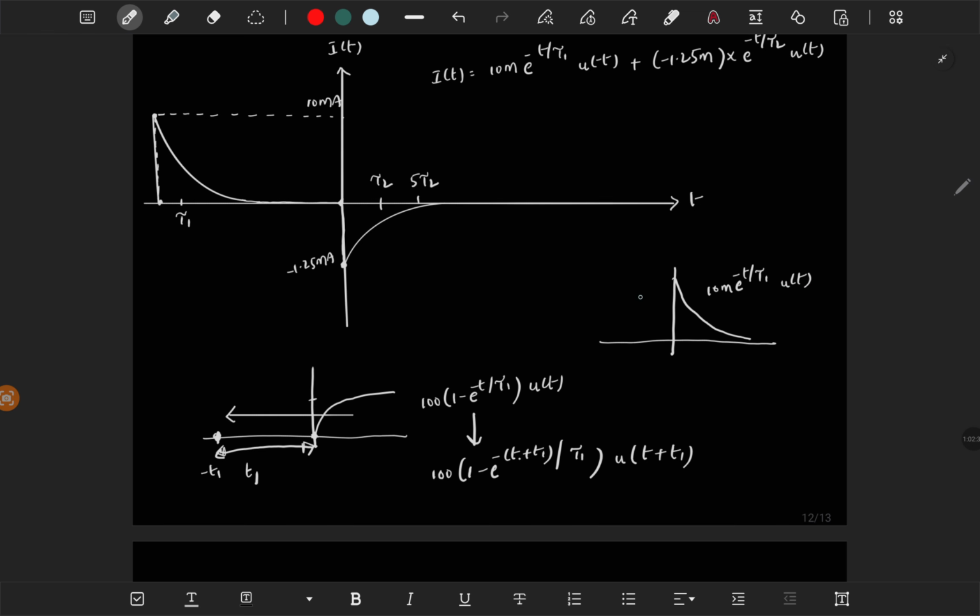And if you left shift this one for time t equal to t1, which means this is minus t1 and this is 0, then we will replace t with t plus t1 by tau 1 u of t plus t1.